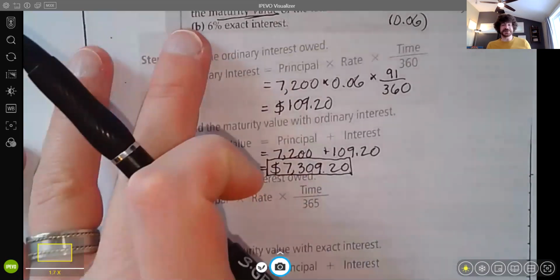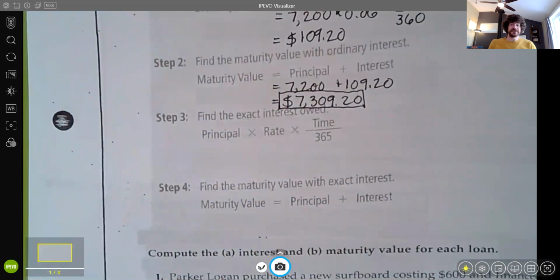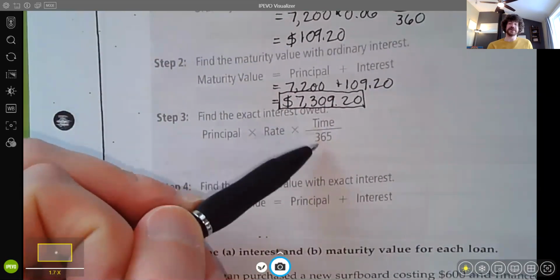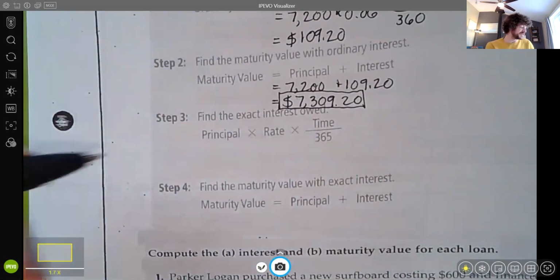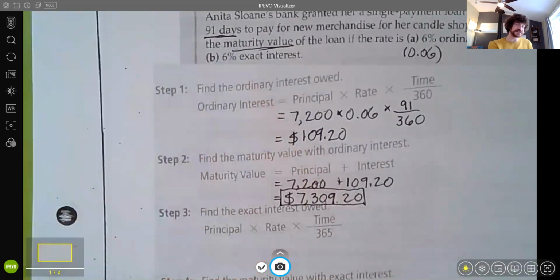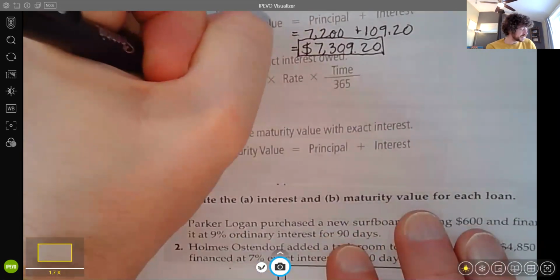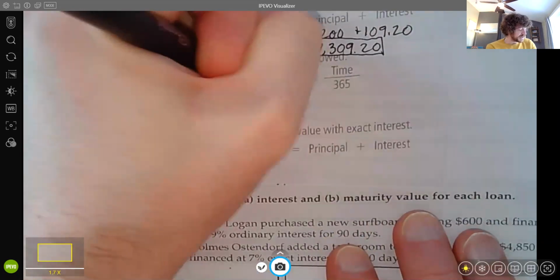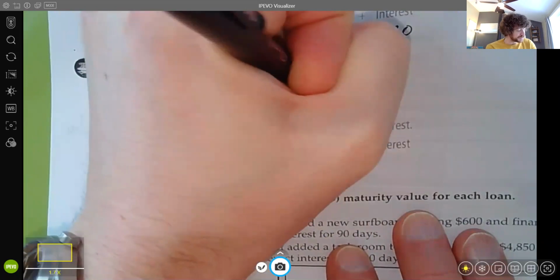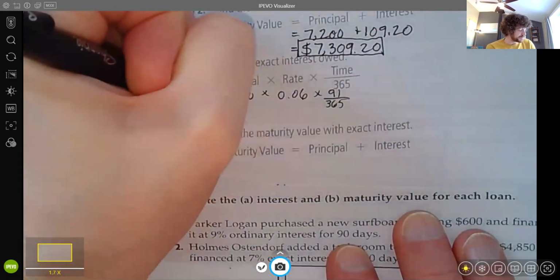Now for exact interest, it's a very, very similar situation. It's just taking the days divided by 365 instead of by 360. So the principal is exactly the same. And again, it says 6%, so it's the same interest rate as well. So 7,200 times 0.06 times 91 over 365 this time.